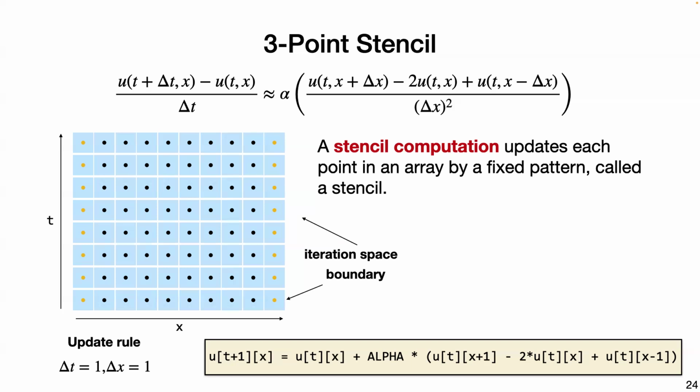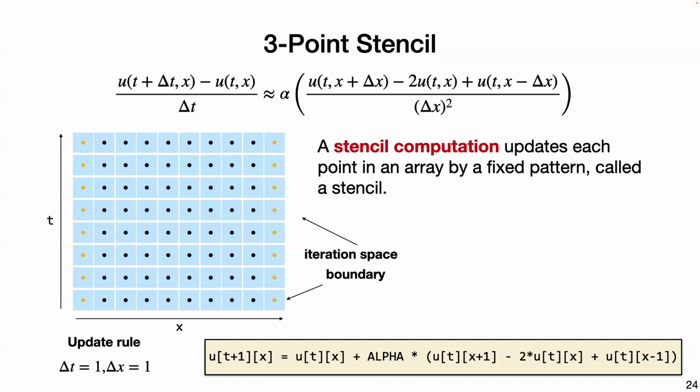For simplicity, if we set delta t equal to 1 and delta x equal to 1, then when you actually write it in the code, this is your grid. The value at t plus 1 for x is the value at the previous time t for x plus alpha times this thing, which is related to the equation that we just derived: t at x plus 1, and t at x minus 1.